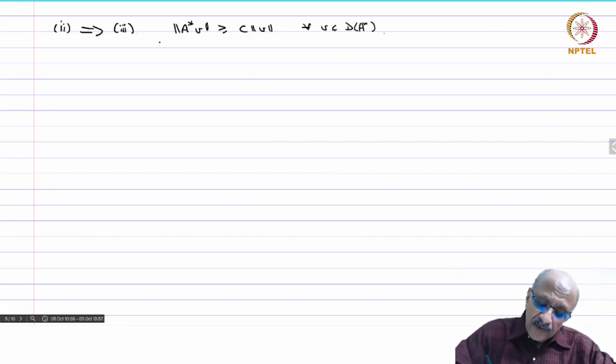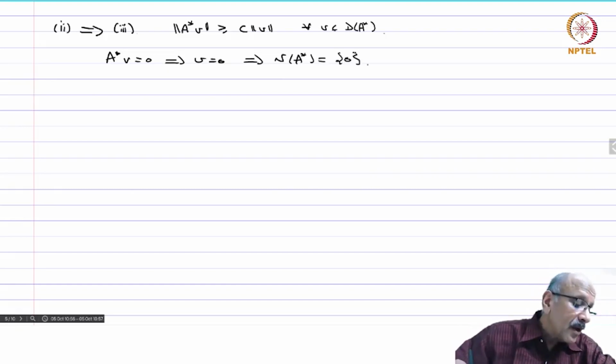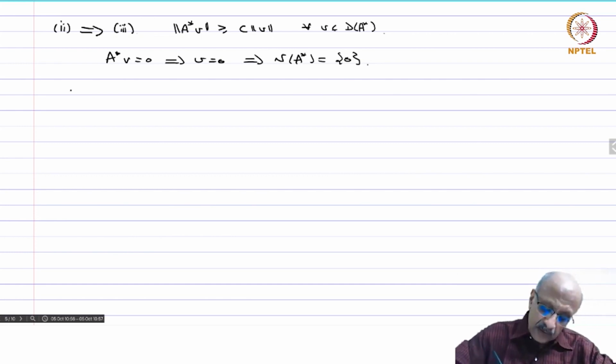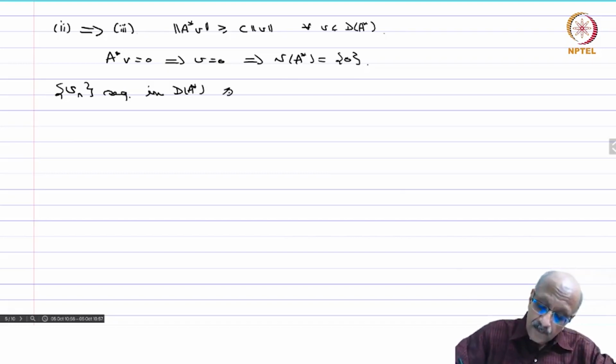So if A star V is 0, automatically A star V equal to 0 implies V equal to 0. So this implies that the null space of A star is the singleton 0. Okay, and then let us take a sequence Vn in D(A star) such that A star Vn goes to F in V star.